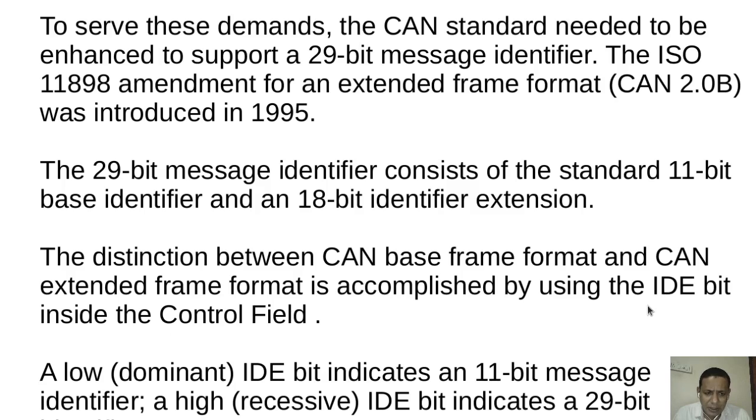By choosing this ID bit in a proper manner, we can decide whether it is the standard frame format or the extended frame format. A low, meaning dominant, ID bit indicates an 11-bit message identifier. A high, meaning recessive, ID bit indicates a 29-bit message identifier.